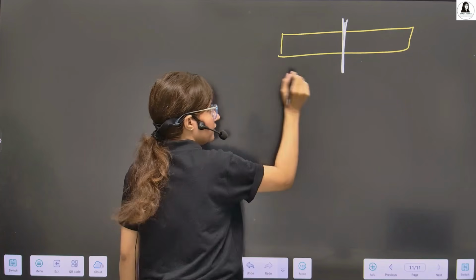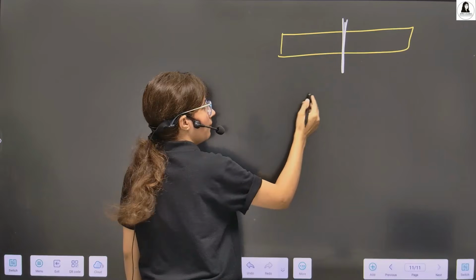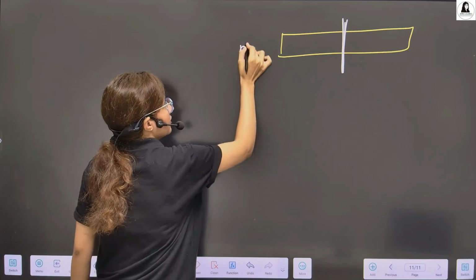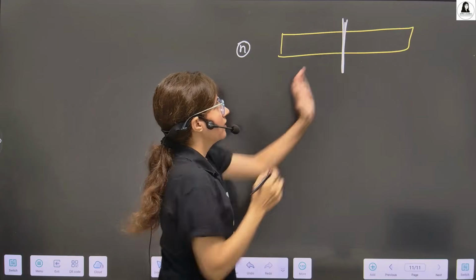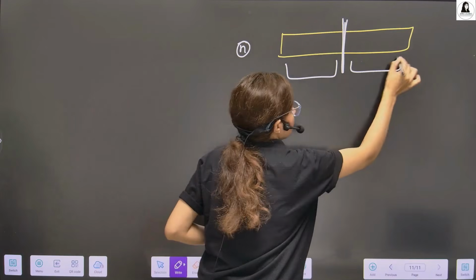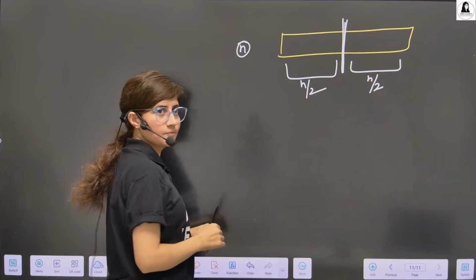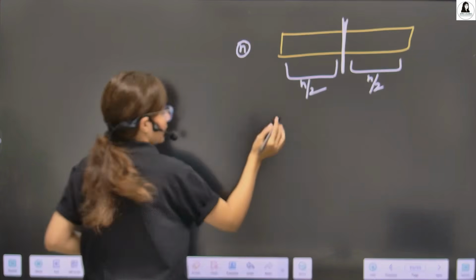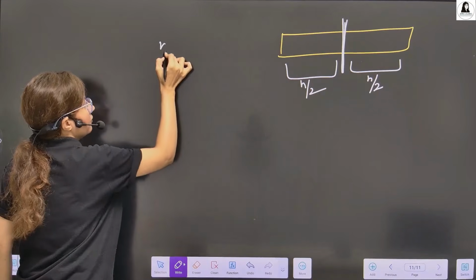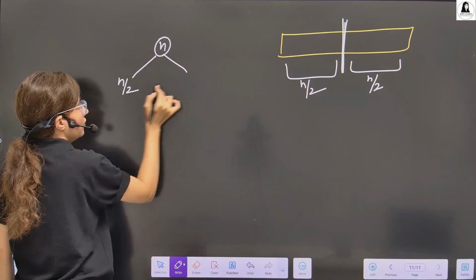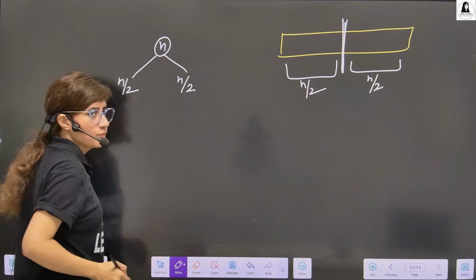So the first time you compare n elements. So the partition is here. Now I'll call for this and for this, but here we have almost n by 2 elements each. So at every level, at first we have n elements, then at the next level we have two partitions, n by 2, n by 2.